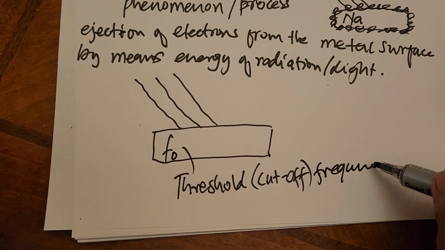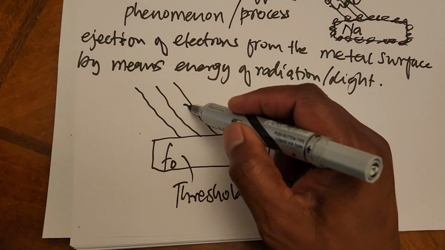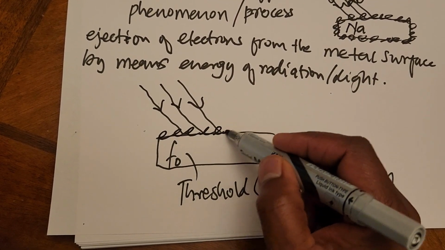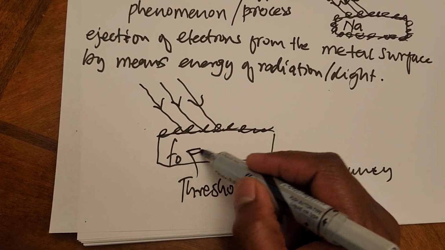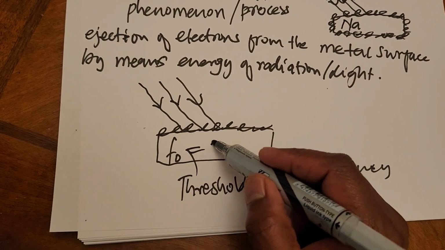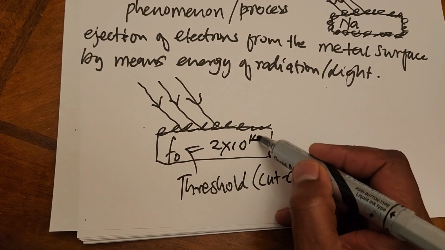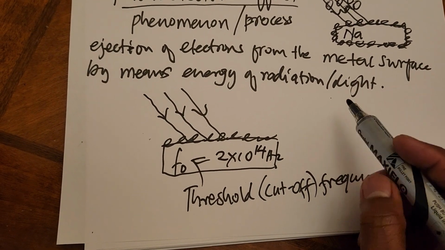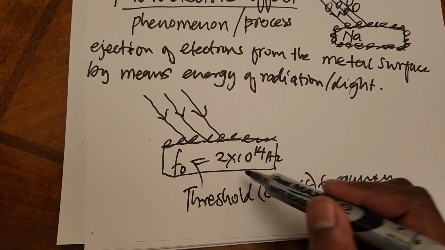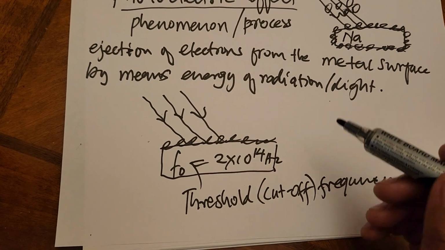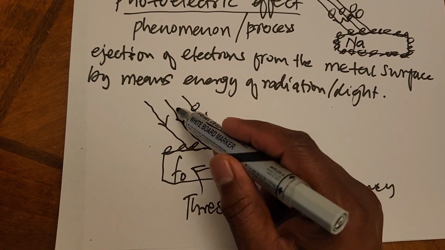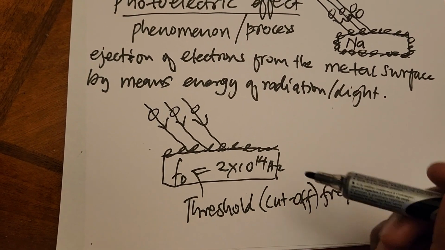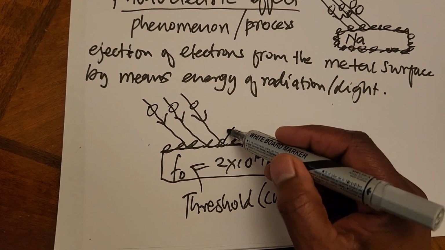Now, if light is incident on that metal where electrons are floating, and for argument's sake the frequency is 2 by 10 to exponent 14 hertz, every electron floating on that metal will be vibrating at this frequency. Therefore, any radiation incident on that metal, if electrons are to be emitted, has to beat this frequency.